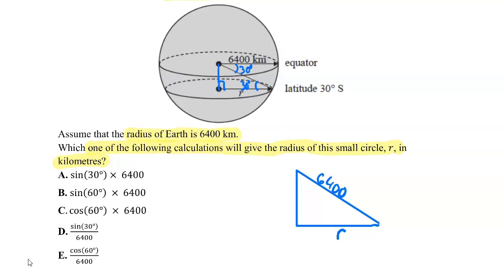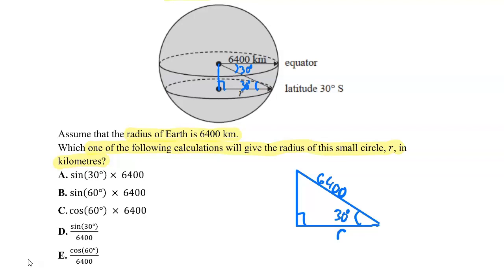6,400. And we want to figure out that R. So that is adjacent over hypotenuse, to give us our radius.